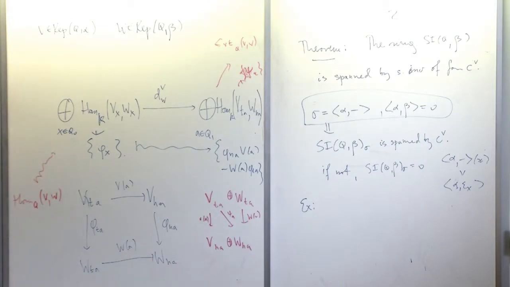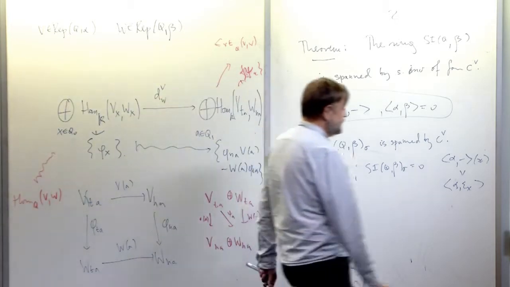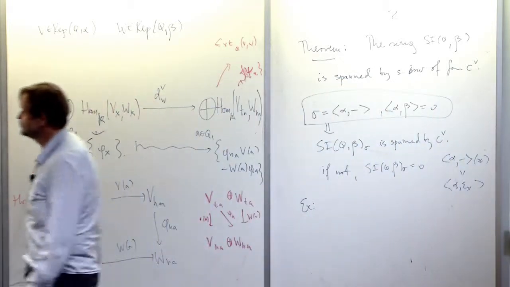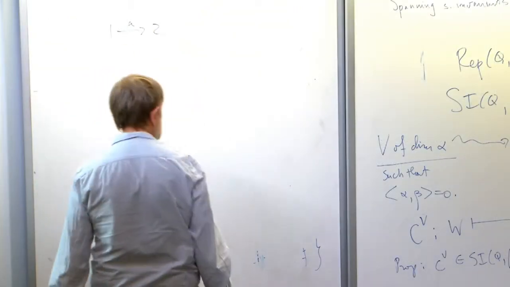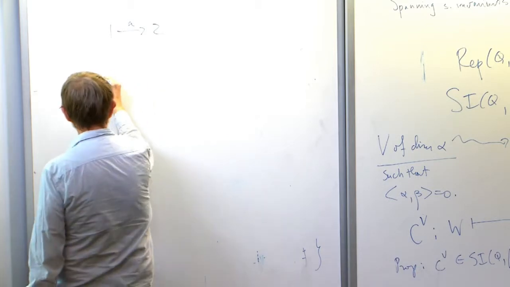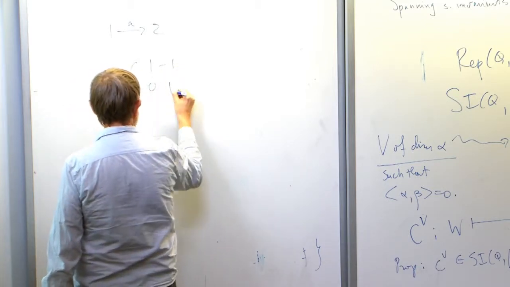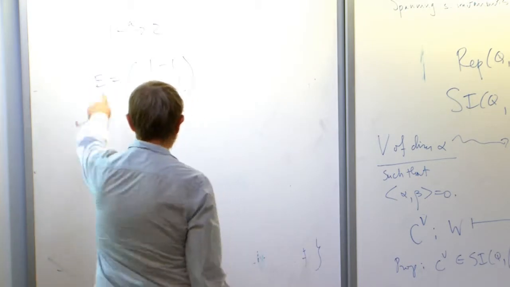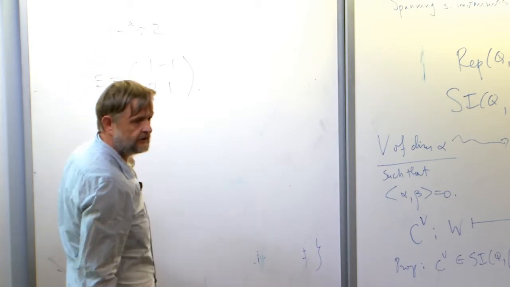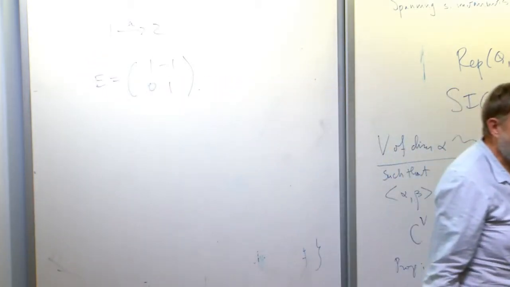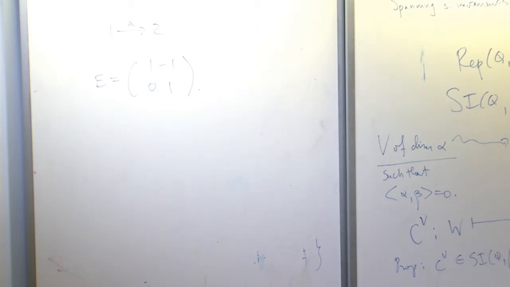The best thing is to see two examples, and it becomes really obvious what's going on. Let's take this silly example, this one. The Euler matrix is 1 minus 1, 0 1. I should point out what the indecomposable representations are. Everybody knows this because this is the theory of linear maps: up to row and column operations, the only invariant is the rank.